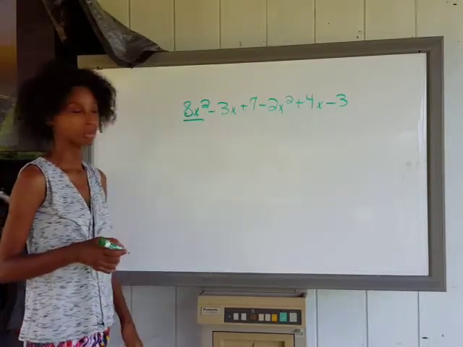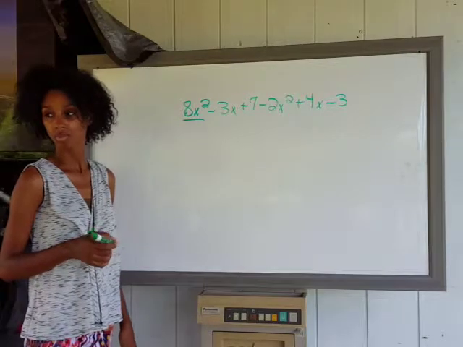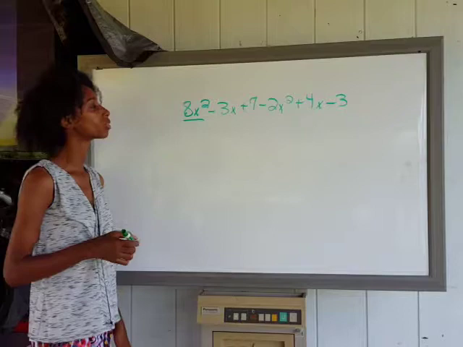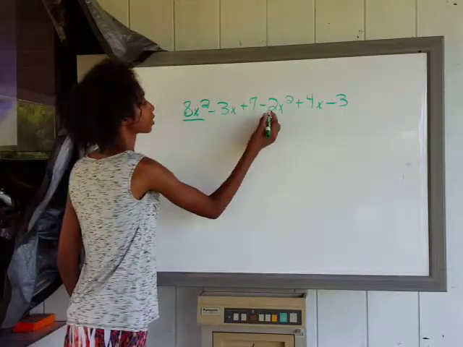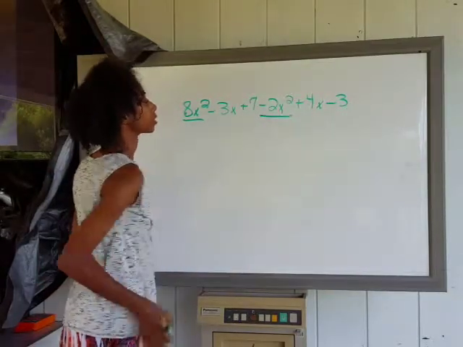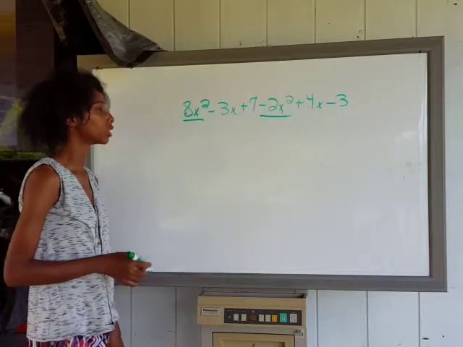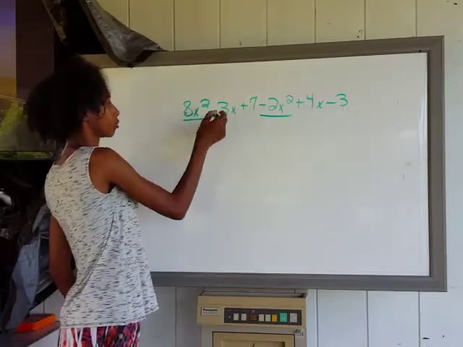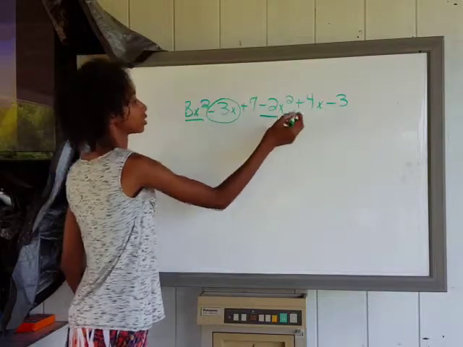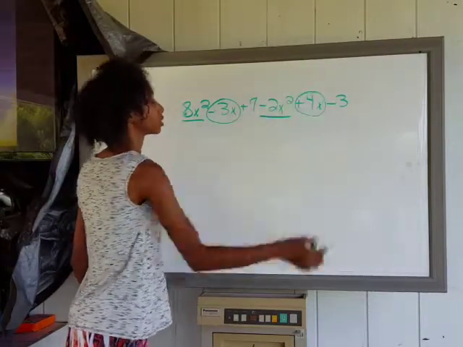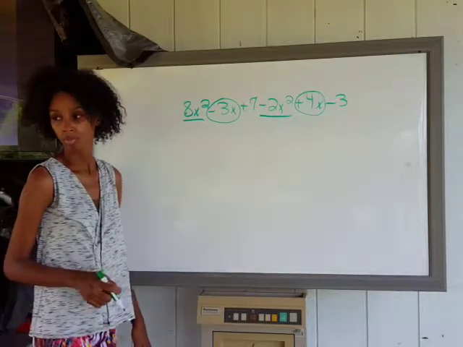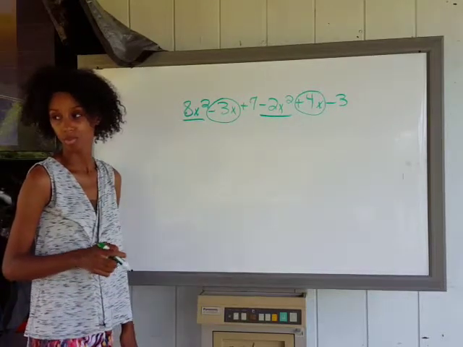Oh, 8x squared and 2x squared. Okay, so 8x squared and then negative 2x squared. And what else? And 3x and 4x. Keep the sign with it. So negative 3x and positive 4x. What else?